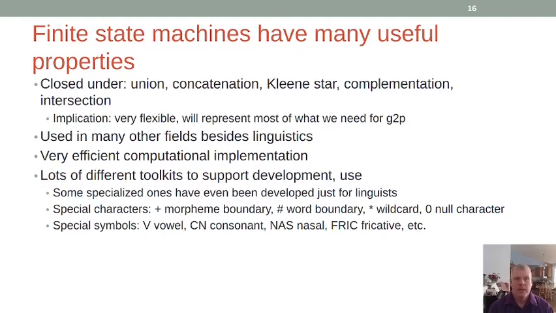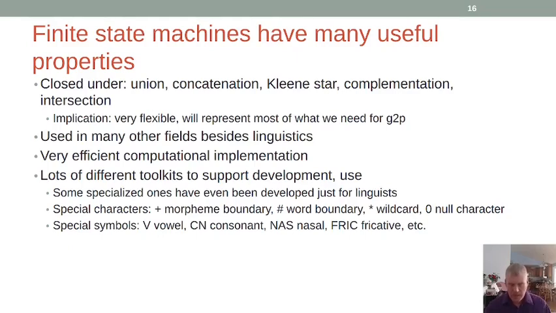So these finite state machines have many useful properties. You can do set union and concatenation and intersection and other kinds of set operations on them. And they become very flexible and represent most of what we need for grapheme to phoneme, or g2p. And like I mentioned, they're used in many other fields besides linguistics.